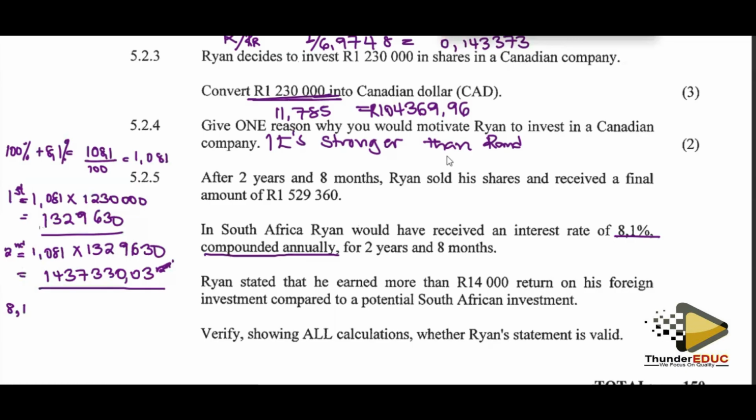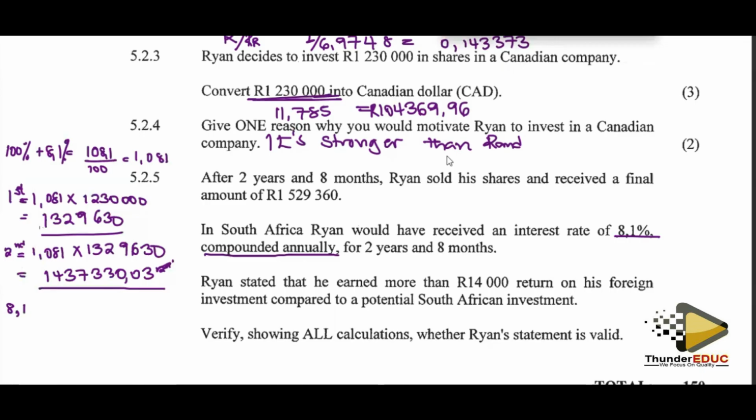We are using the same percentage, but the value is now the value from here, ends up having this. This is the second year. So we look at what we're going to do for the 8 months.